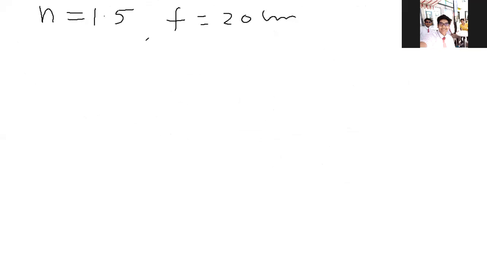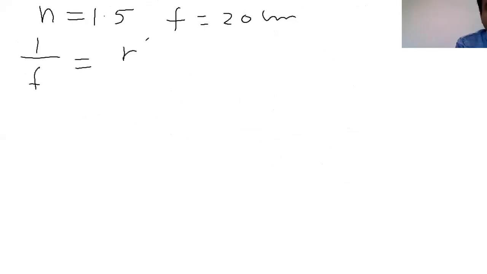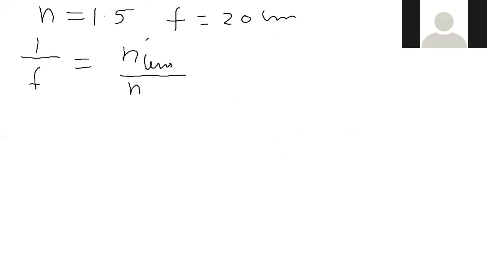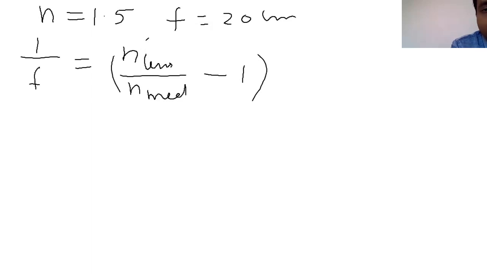In the first case we are given n equal to 1.5 and focal length equal to 20 centimeters. So the formula is 1 by f equal to, changing n of the lens by n of the medium, I changed n2 and n1, (n of lens by n of medium minus 1) into (1 by r1 minus 1 by r2).